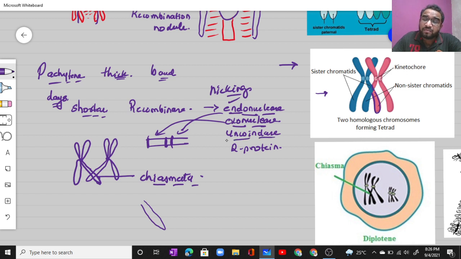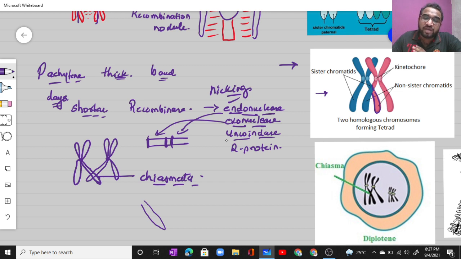Unwindase, what does the unwindase enzyme do? It unwinds the DNA molecule for the cutting purpose. What is the role of R protein over here? Once these segments of the chromosomes have been transferred from one another, the patching has to be done. They should be reunited with one another, right?